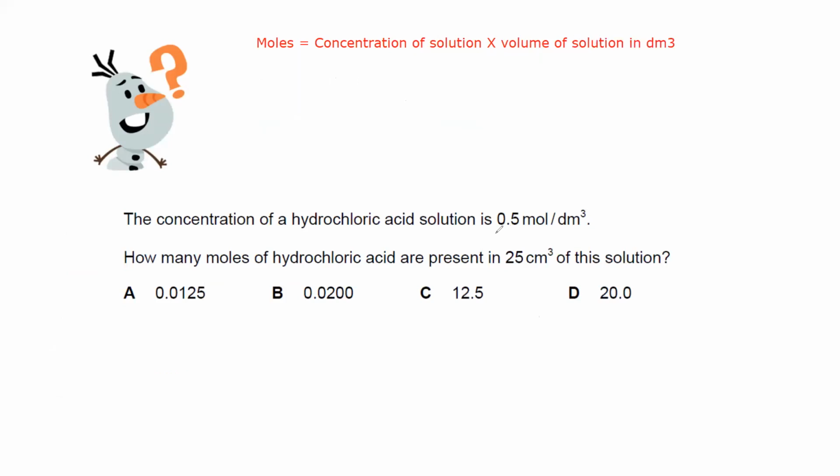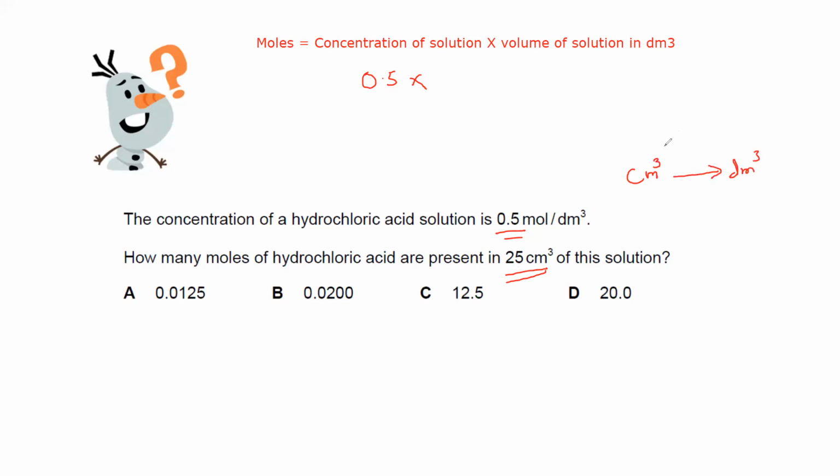In the question the concentration is given as 0.5. Now what about the volume? The volume of the solution is 25, but that is in cm cube, so you have to convert the volume from cm cube to decimeter cube.